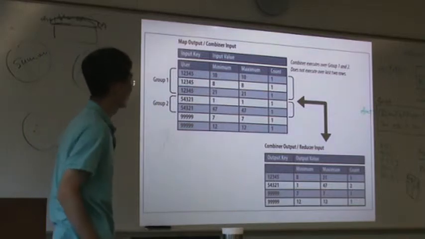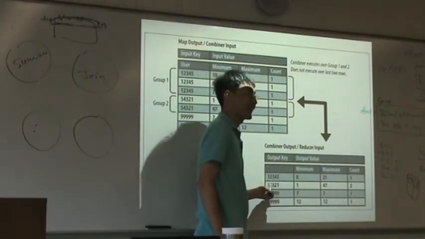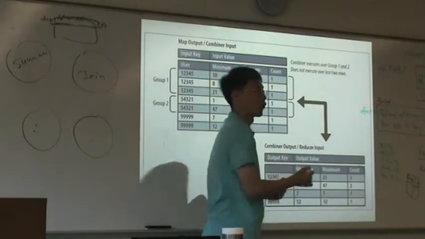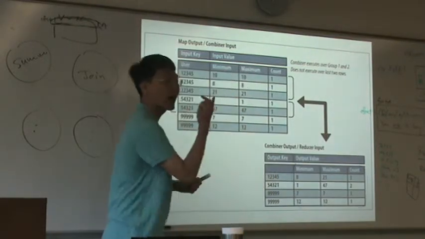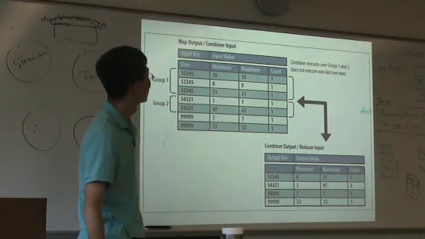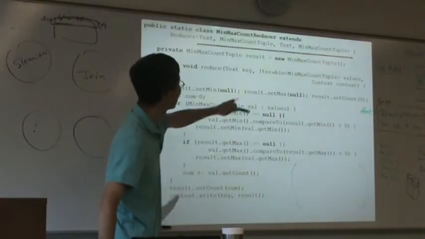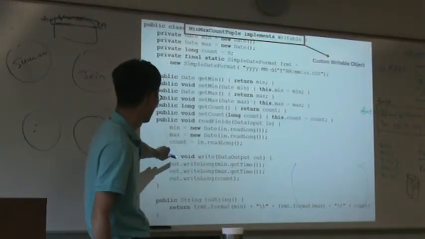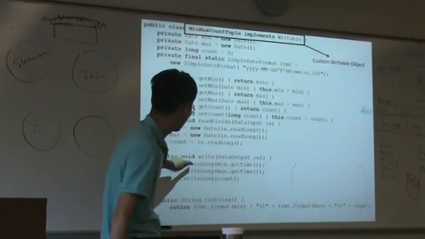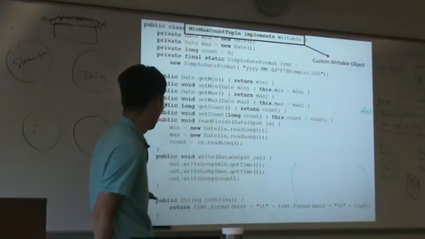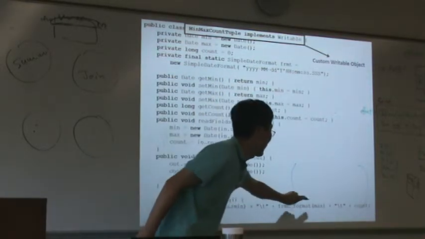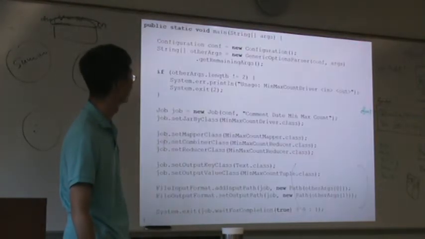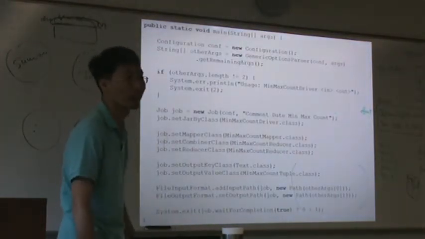So in this case, user ID will be the key, right? And this is the output form, the min, max, count all together. Min-max count tuple, the user defined data type.